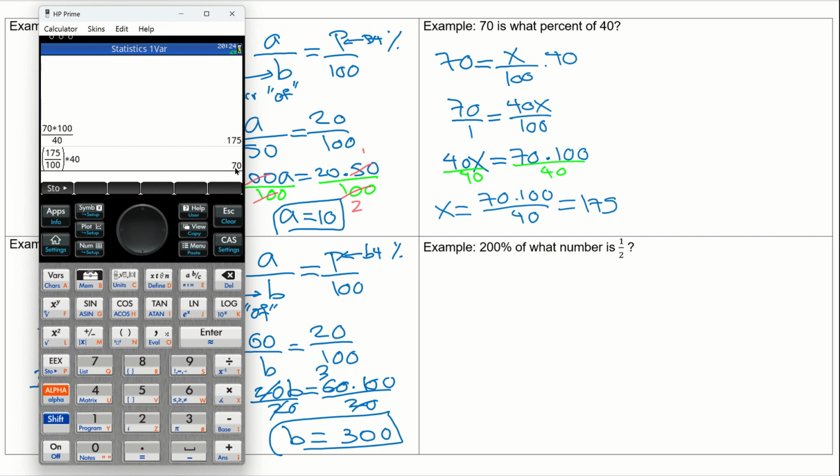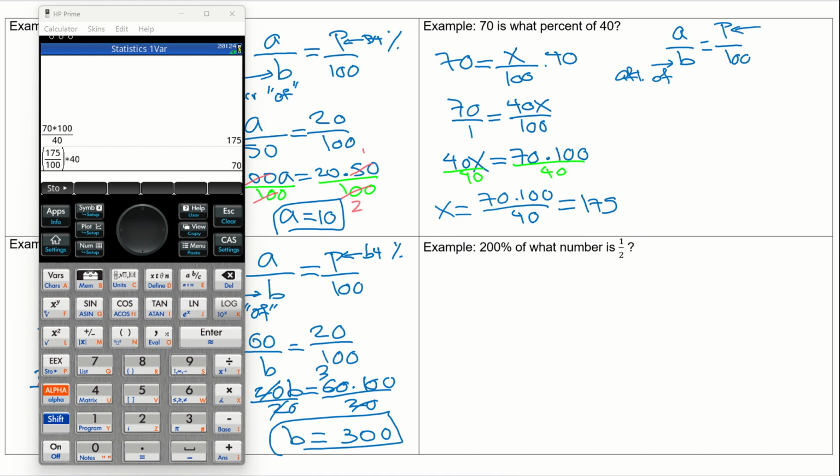Again, you can do this with the percent equation as well. So in this case, once again, we say A over B is equal to P over 100. For B, remember, we're looking for what comes after the word "of".